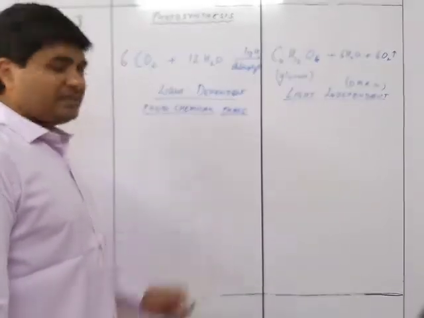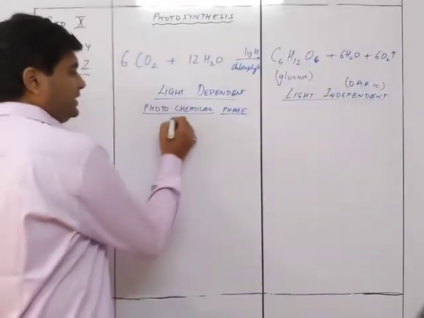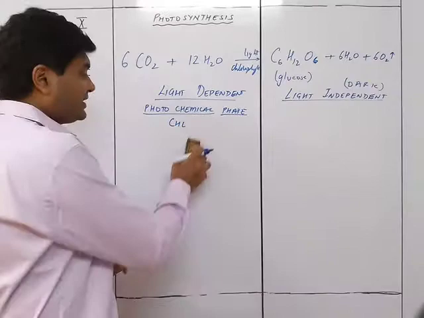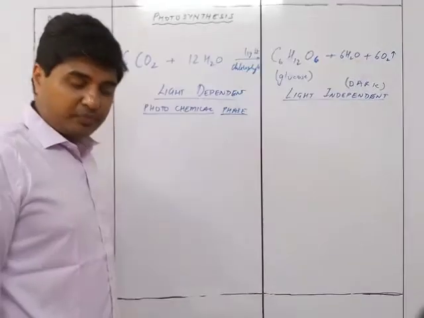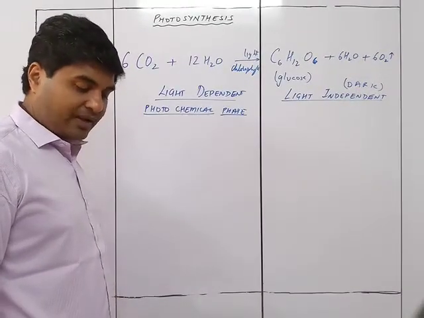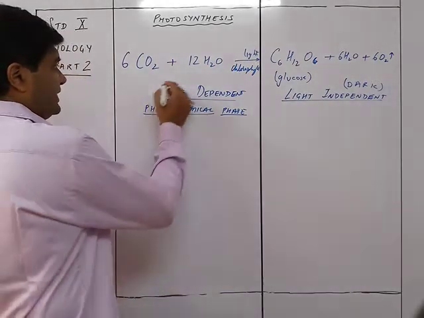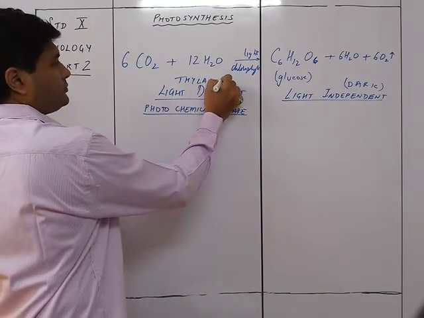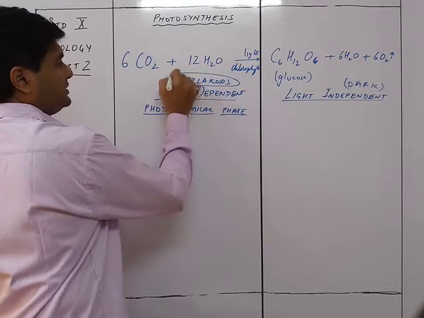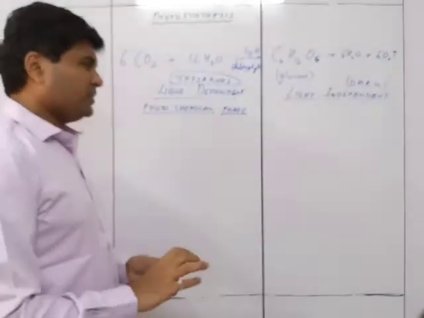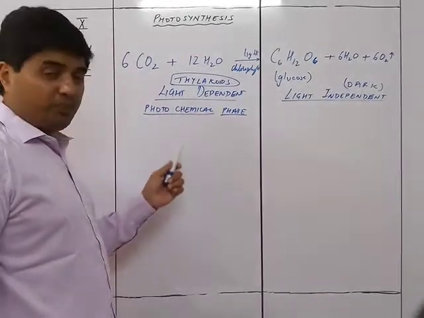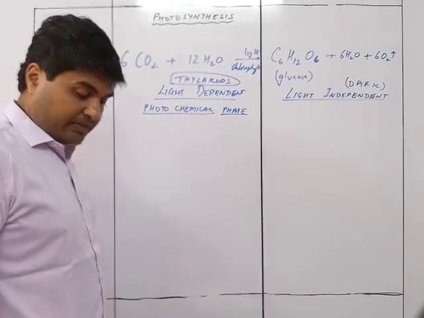Of course it will be in the thylakoids where the chlorophyll is present, so the light dependent phase takes place in the thylakoid.